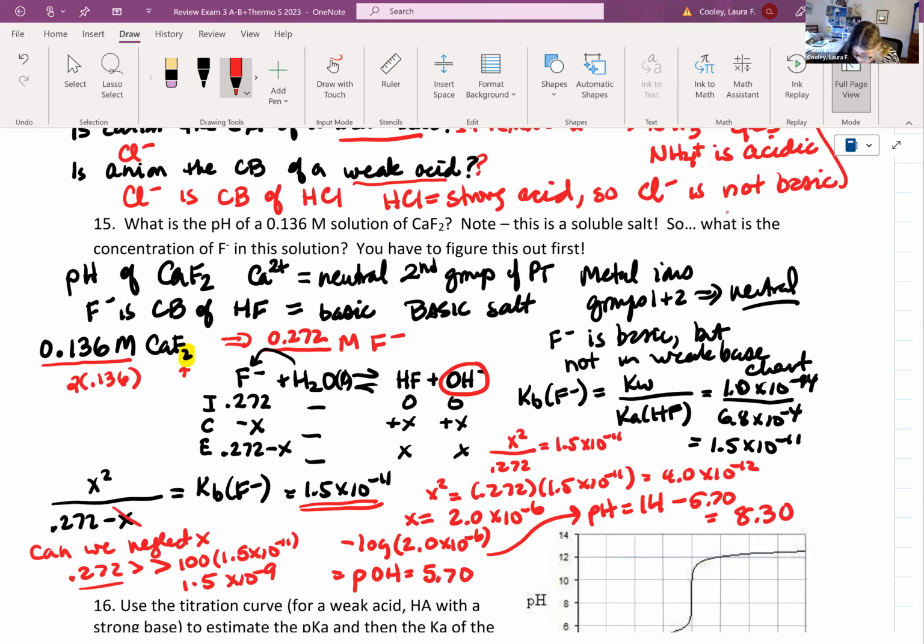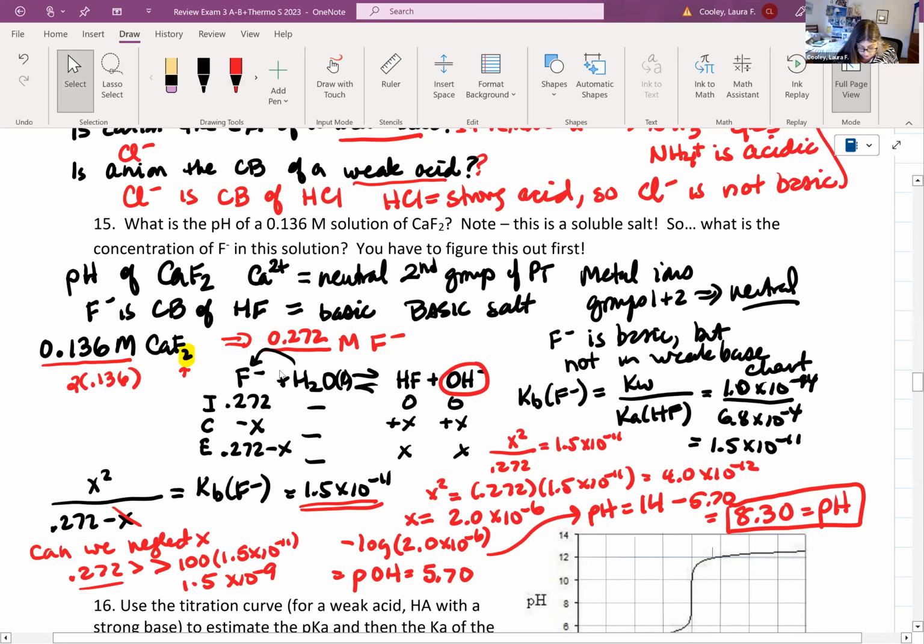So that's the pH. So in this type of problem, you have to figure out what ion is going to react with water. I didn't go over how to do this for acidic salts, so it'll be a basic salt if I give you a salt, because we didn't do the other one in class.